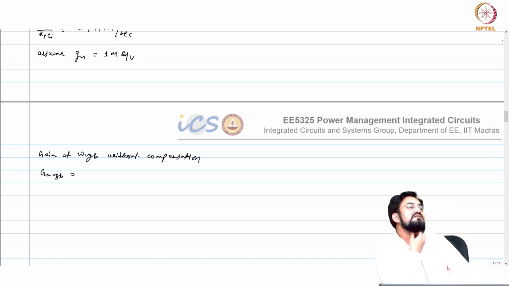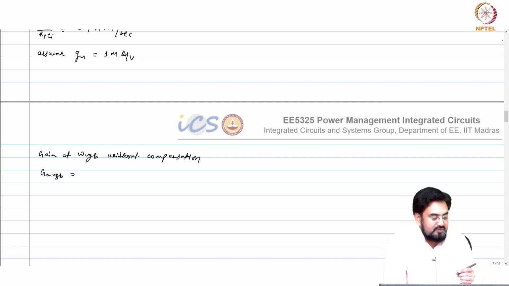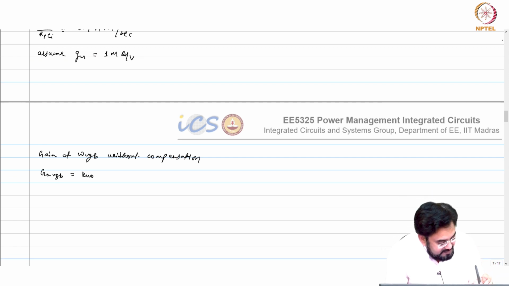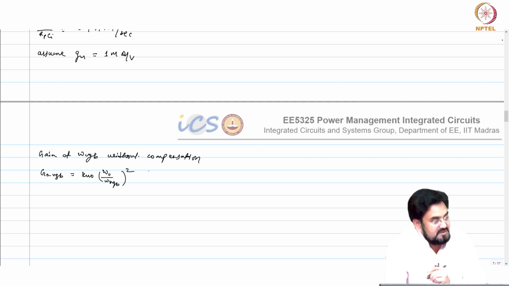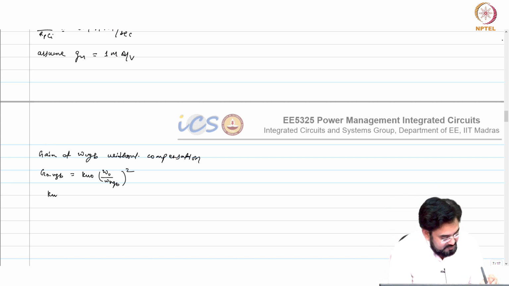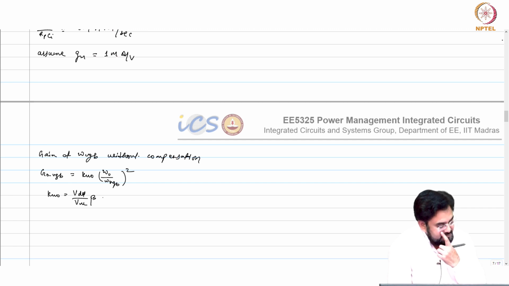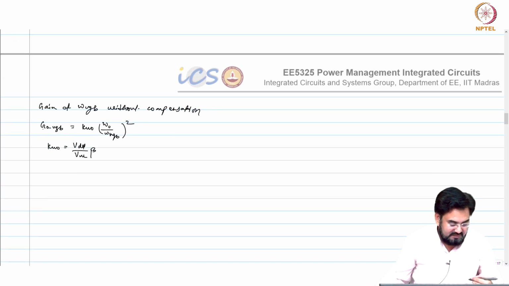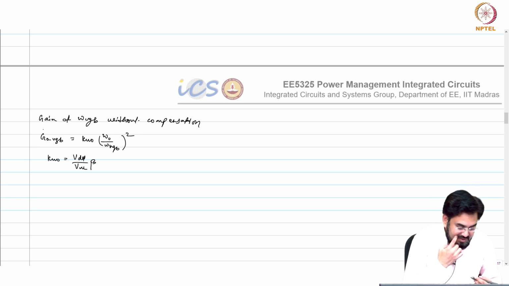How will you find that? Ku naught is nothing but beta VDD over Vm, omega by omega GB whole square. So Ku naught is VDD over Vm into beta. Okay, you can substitute that once you have that value, but we want to generalize this.